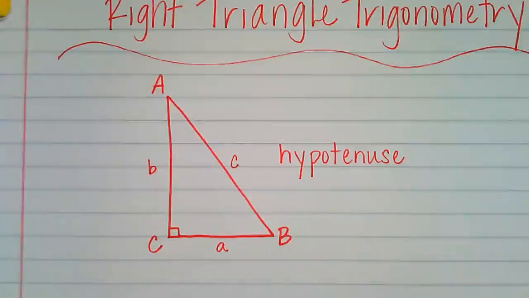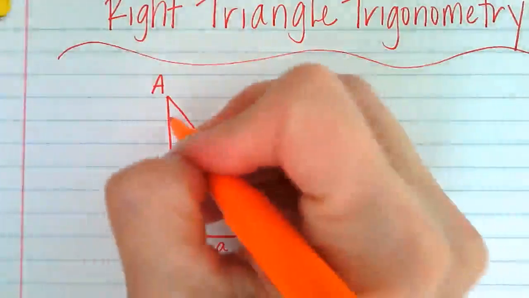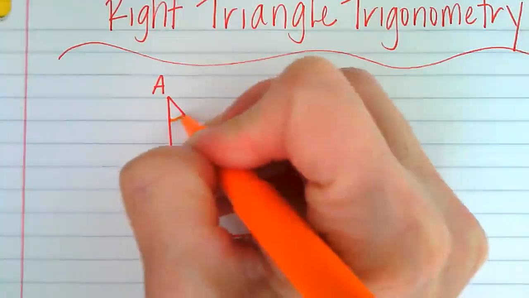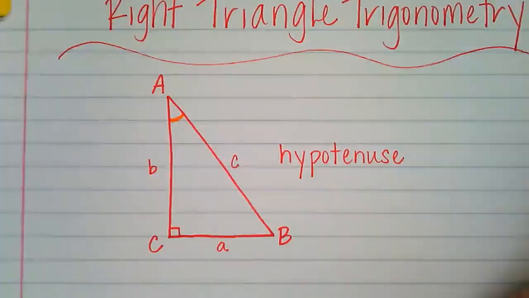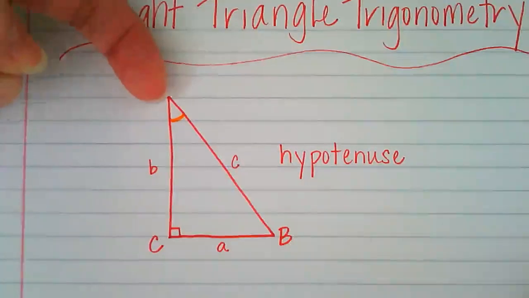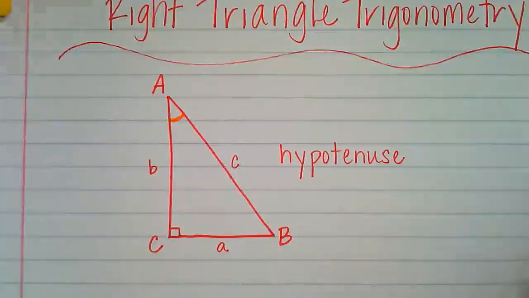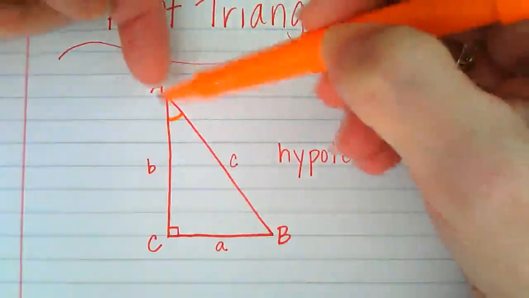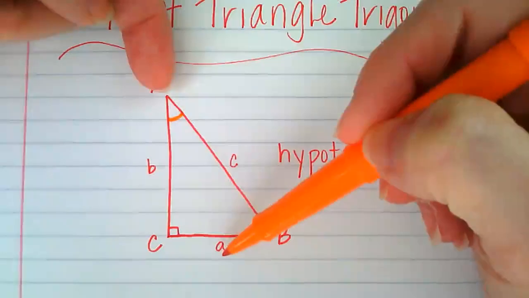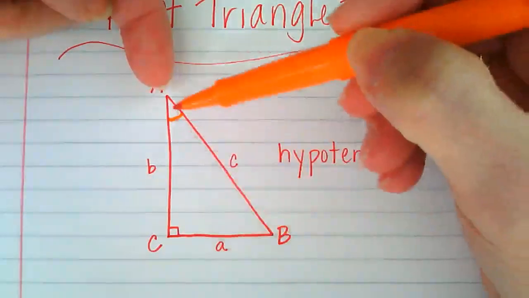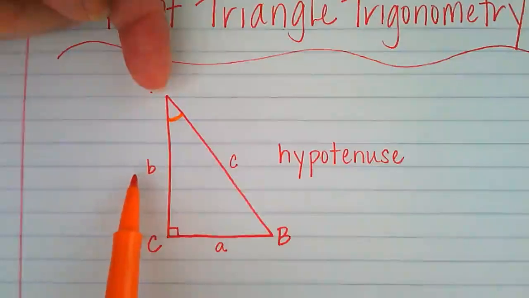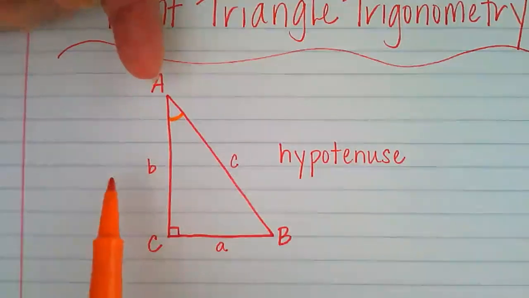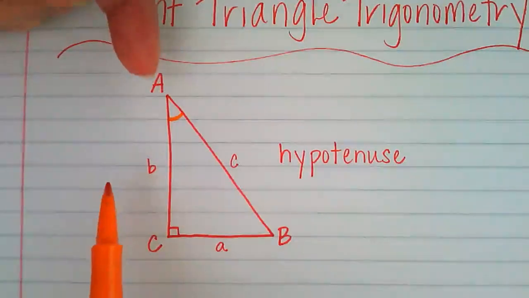So I'm going to start with angle A. So angle A is this one right here. All right. Now, when I am at angle A and I'm looking out towards this triangle, this side is the hypotenuse. This side is opposite from angle A, and this side is next to it, which the word we use is adjacent.